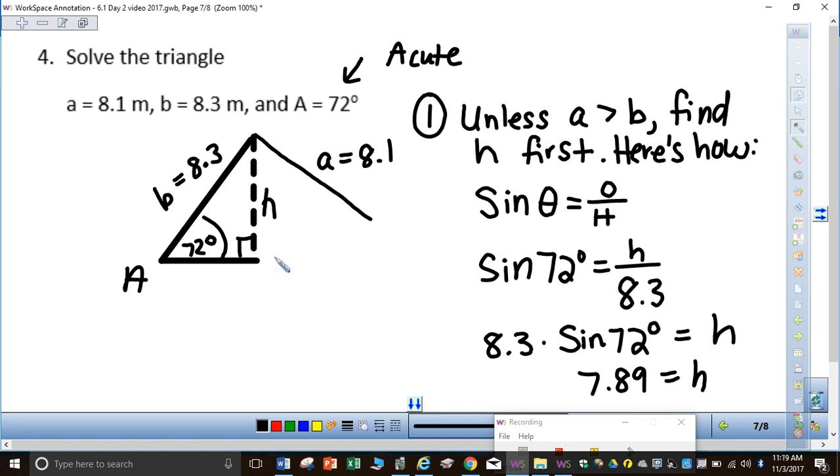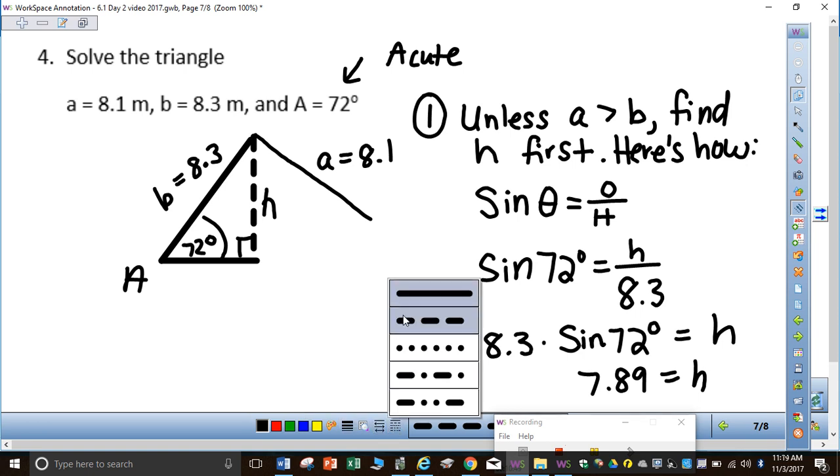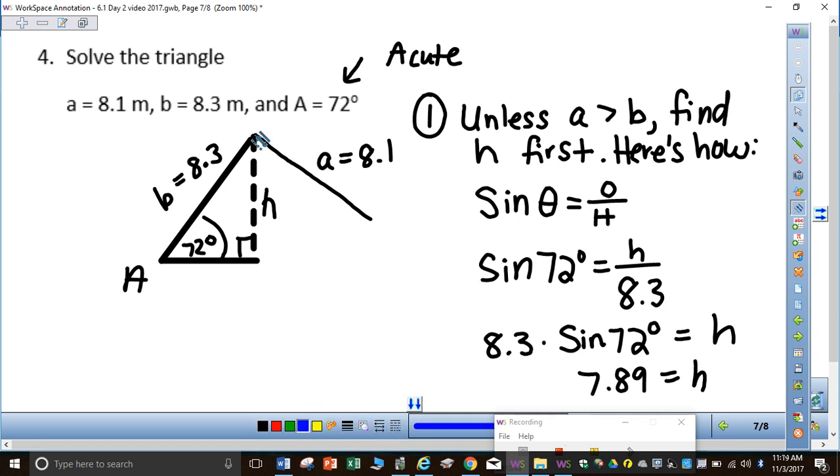But in this case, because it is longer than the height, and also it's not equal to the height, so it's not that second situation either. It's longer than the height, but it's less than side B, so this is going to be that third situation. Let me see if I can just model this. So it's longer than the height, but less than side B. So one triangle is going to be this triangle off to the side.